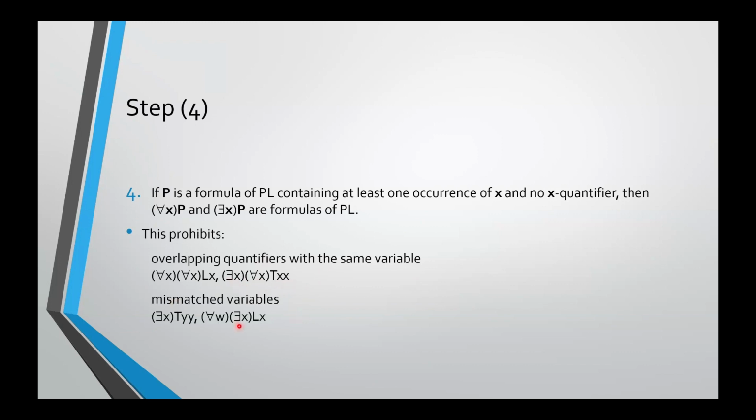You also can't have mismatched variables. So in these ones here, this violates the requirement that you have to have at least one occurrence of the variable and the quantifier in the sentence in both of these. So these don't count as formulas.